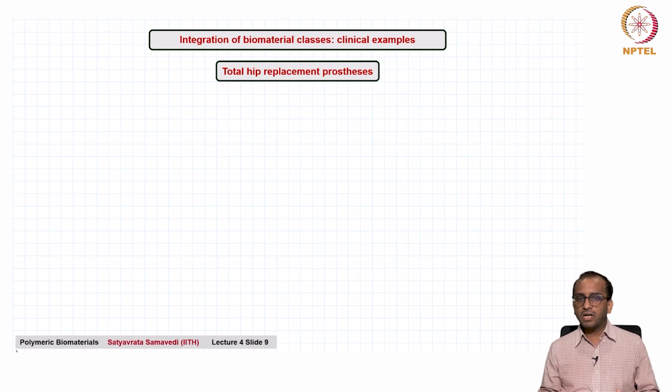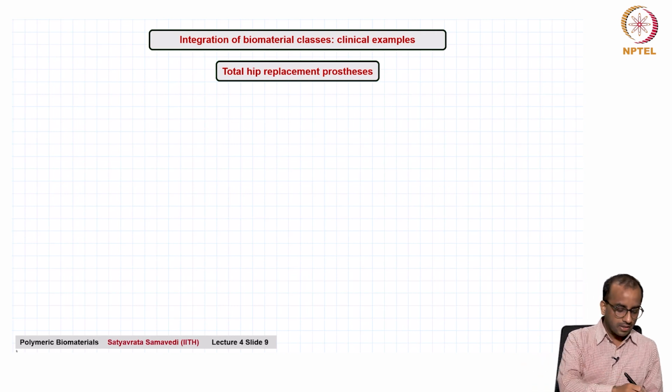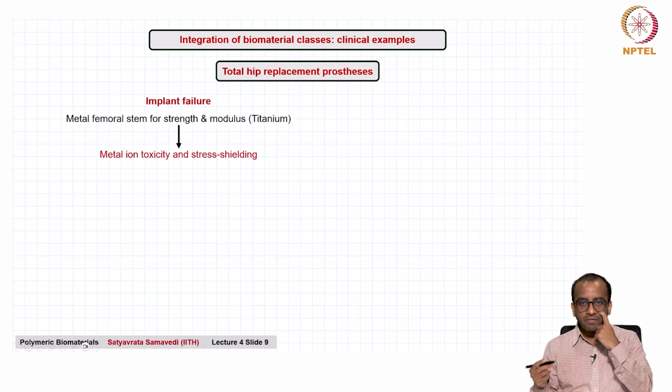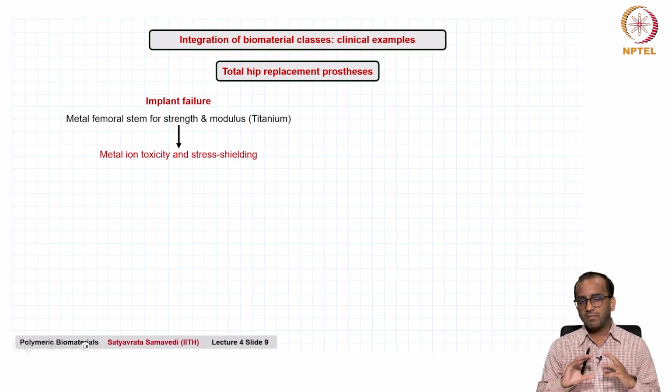Here, in addition to that, obviously the functionality is largely mechanical, but we are also going to see how different parts of the device itself can have different types of issues that can crop up, leading to different types of adverse reactions, both in the short term and in the long term. So, we are looking at implant failure in the sense that we are going to look at how these different parts can contribute to implant failure in some form or fashion. And notice that this implant failure does not necessarily mean the implant breaks.